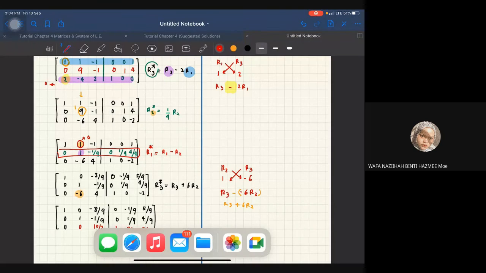Yang 8/3 paling bawah, paling recent. Yang warna merah. 8/3. Itu saya salah kira kah? Okay, Miss. Okay. Careless soalan ni.